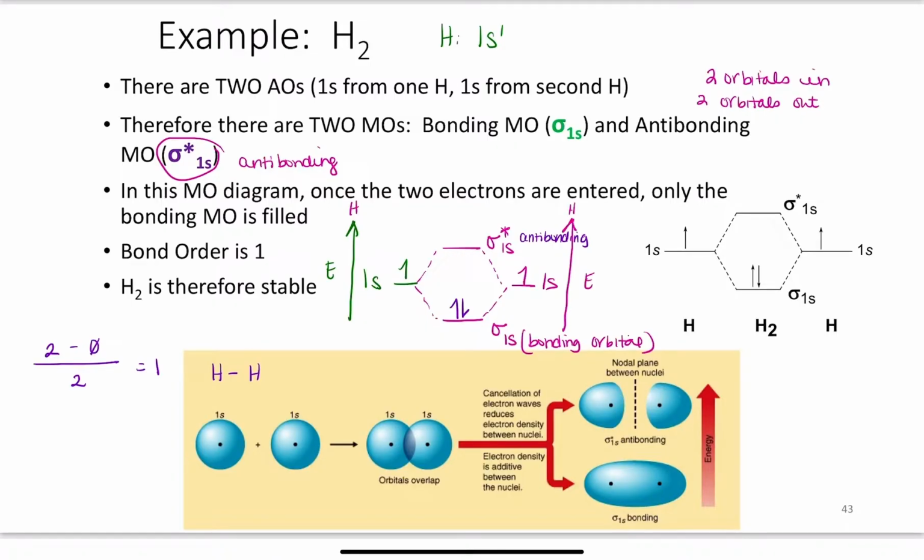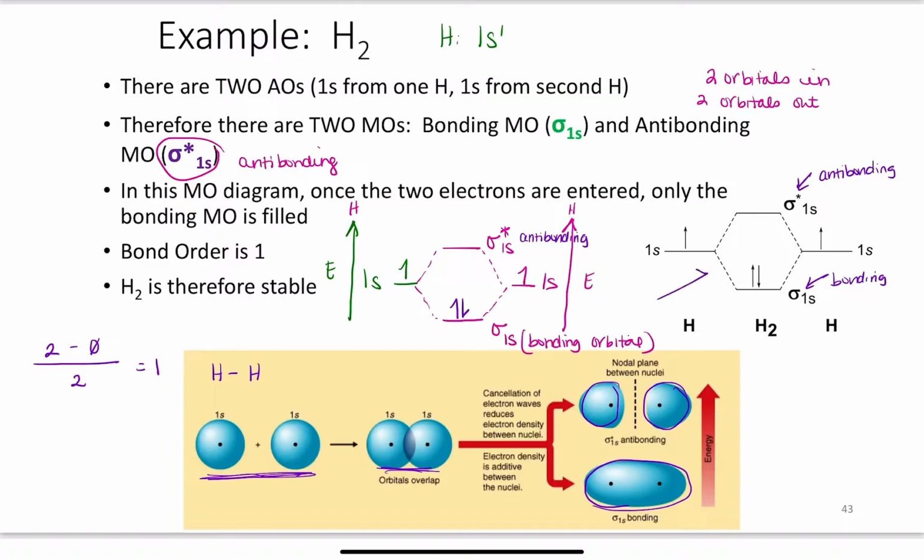What we just did is basically redraw what we have here. But sigma star tells me antibonding. The star itself tells me antibonding. Sigma bonding. And basically we took your two 1s orbitals, they overlapped, and we have our bonding and our antibonding.